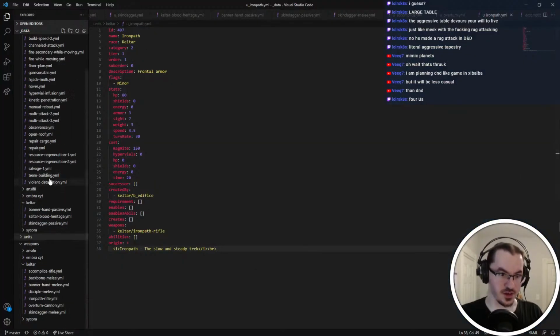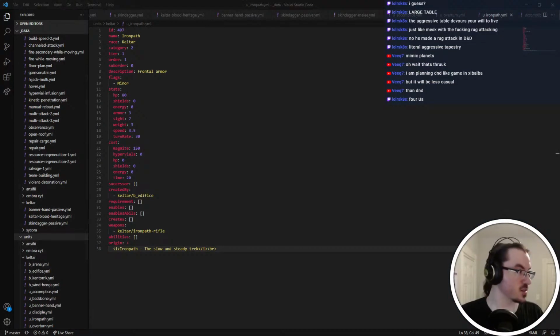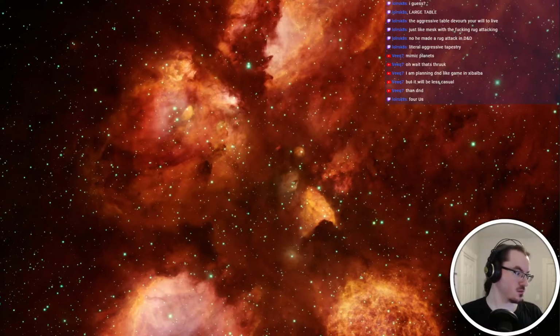Oh, and okay, I guess enabled by actually does need to be there. You set enabled by abilities to optional.